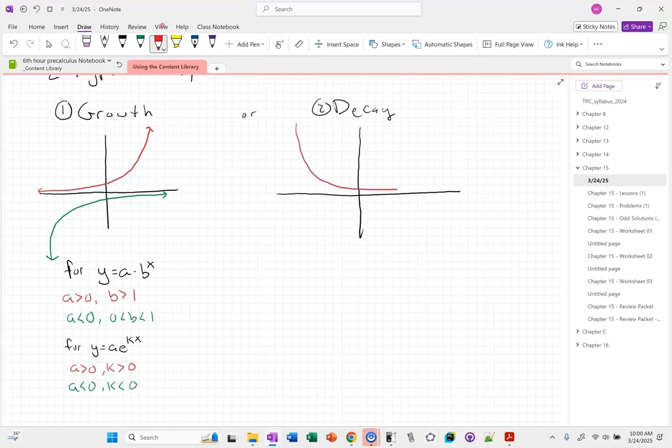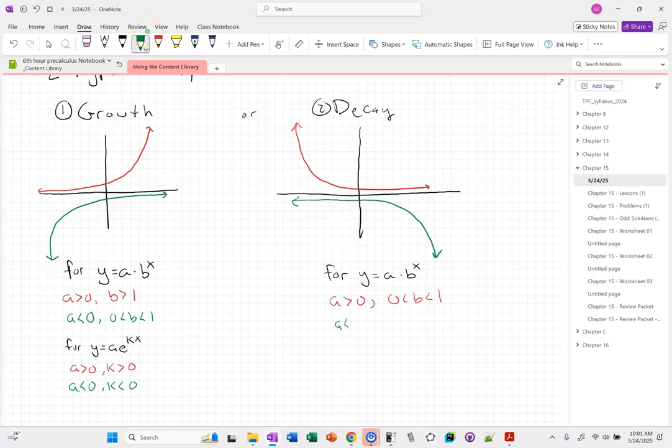And then a decay should be getting smaller as we move from left to right. So your decay graph will either look like the red or the green. If it's in the form we talked about at the start, it would be a greater than 0 for the red graph, but the b value between 0 and 1.